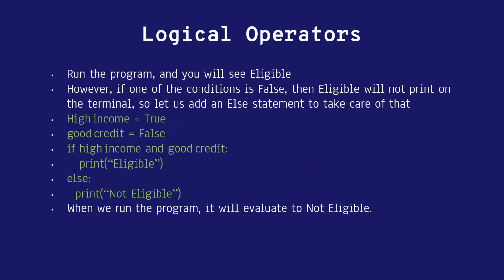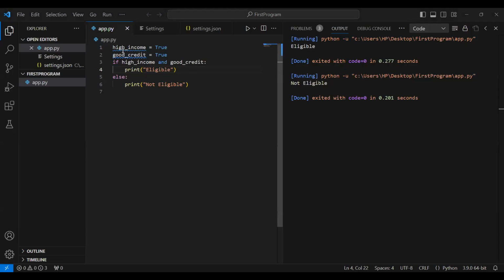However, if one of the conditions is false, then eligible will not print on the terminal. So let us add an else statement to take care of that. Now we have high income equals true, good credit equals true. If high income and good credit, we print eligible, else we print not eligible.